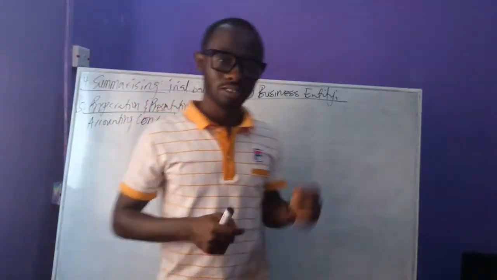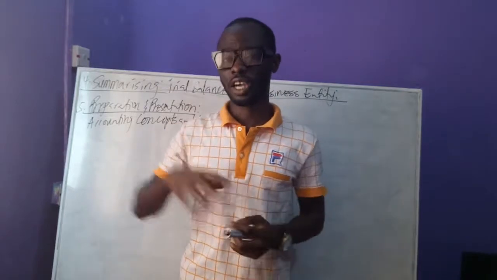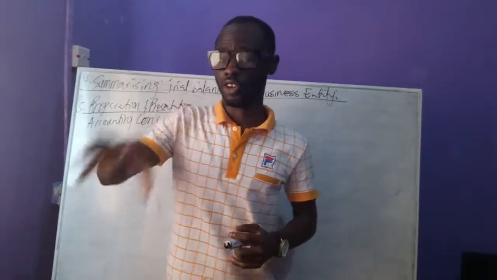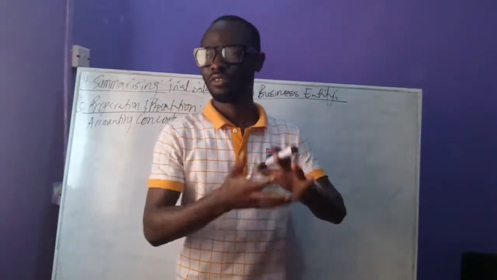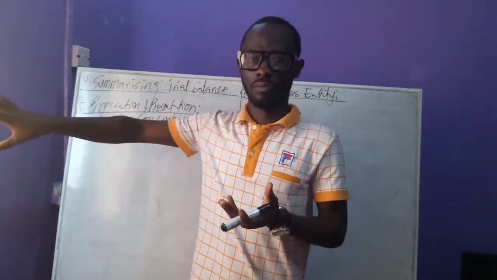It is from this accounting concept that we have something called drawings. That is why if a sole proprietor withdraws capital or money from the business, it is referred to as drawings, because that money was not withdrawn for a business purpose.